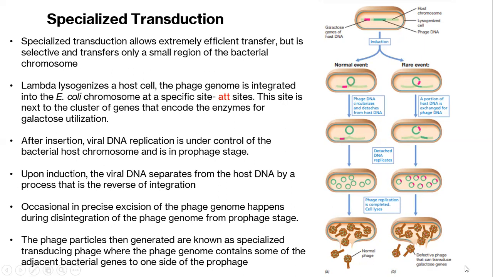So in this way, when these specialized transducing particles infect a new host, they can transfer these specific genes for galactose utilization into the second host, leading to a change of phenotype, that is, gain of galactose utilization property.